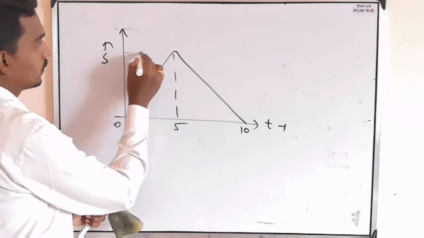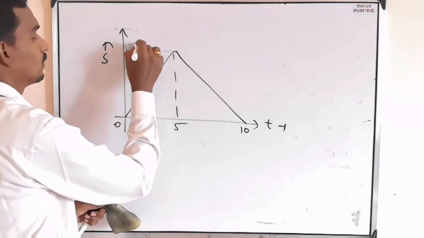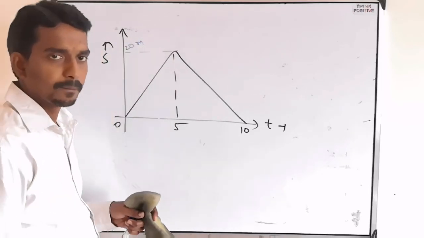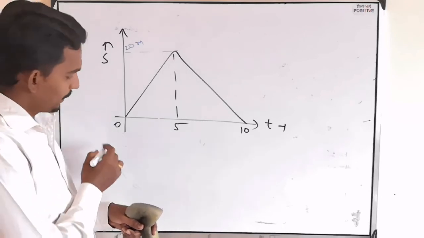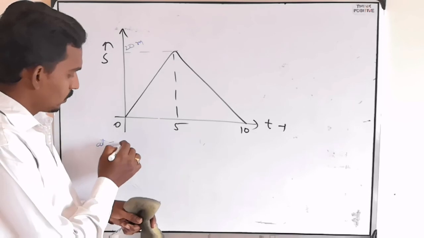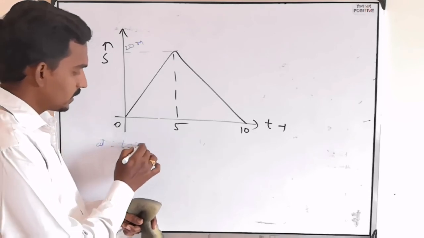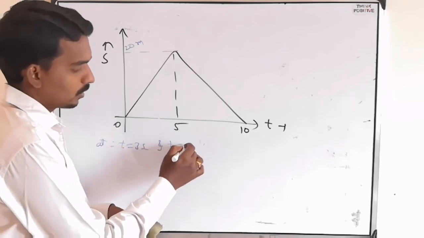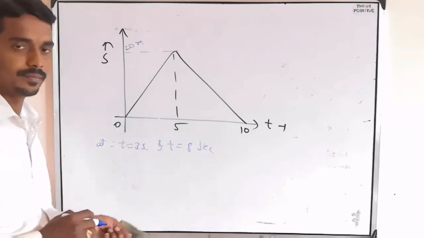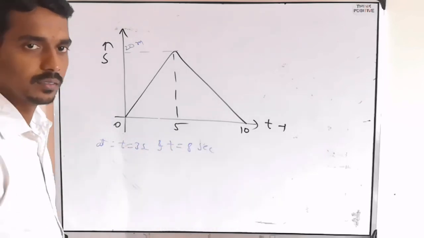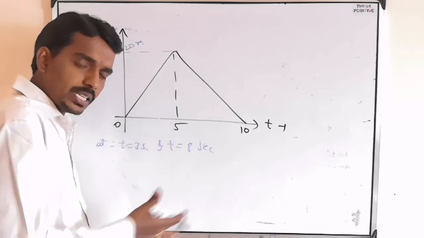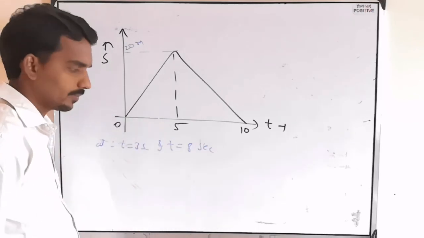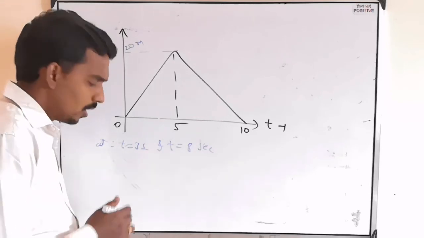Now, what is the velocity at t equal to 3 seconds and at t equal to 8 seconds? They are asking, at t equal to 3 seconds, what is the velocity? Or at t equal to 8.